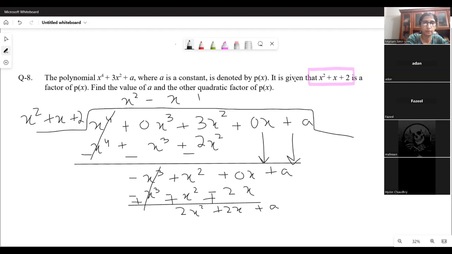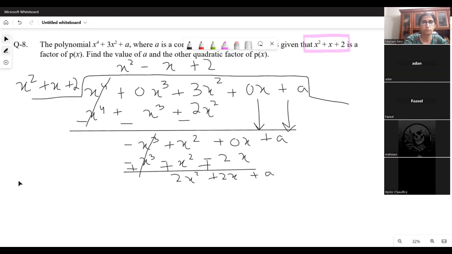So we add 2 here, which gives us 2x squared plus 2x plus 4, minus, a minus 4 is the remainder, which must be equals to 0.